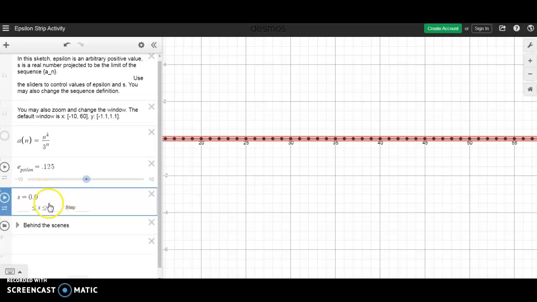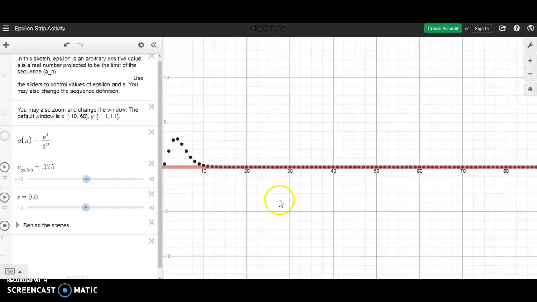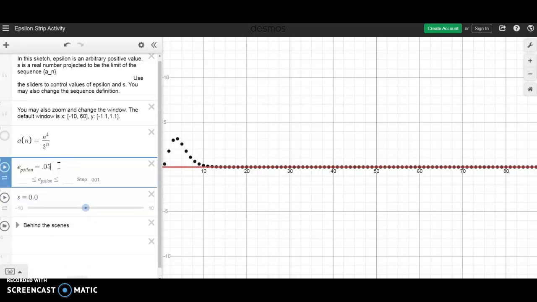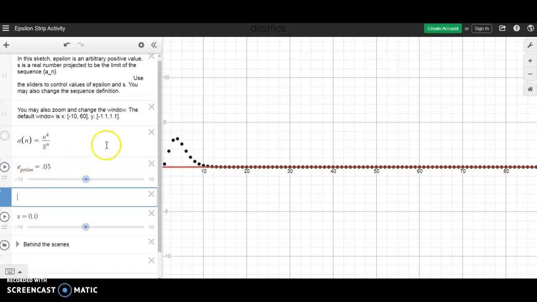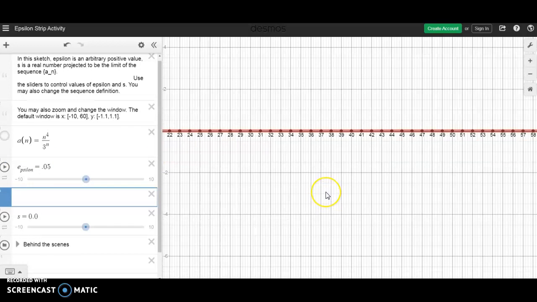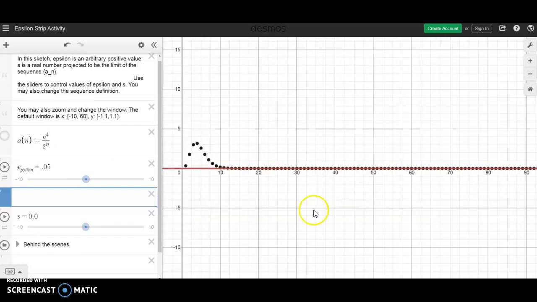And with epsilon equals 1 1/4, well, here's the only thing that I noticed in fiddling with this. Love it in just about every way except these dots are too big. In fact, if we made epsilon equal to half of that, 0.05, it looks like the dots are outside the epsilon strip.